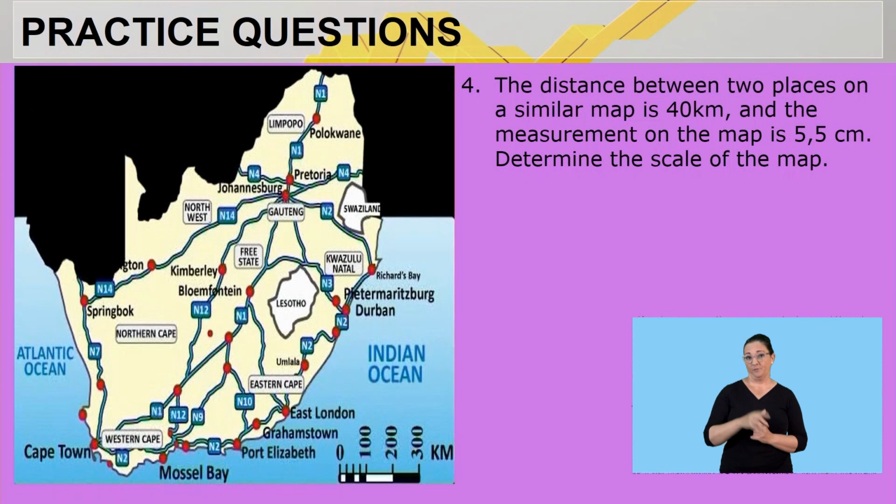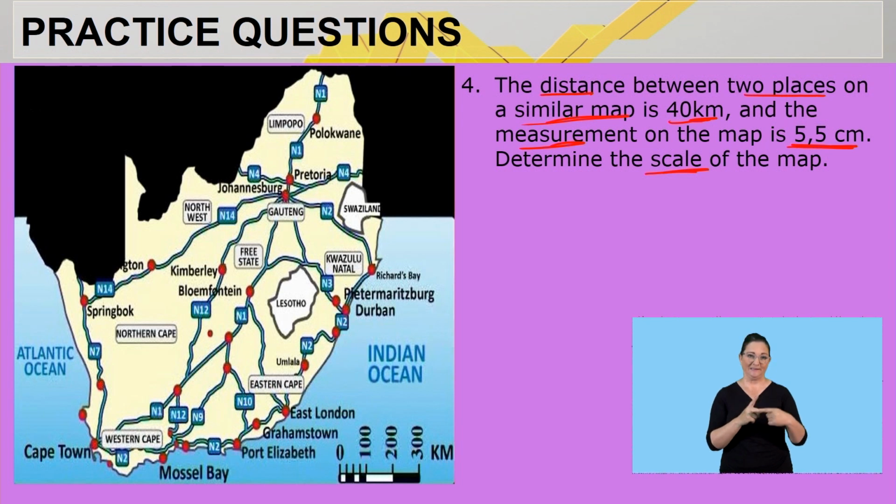All right, let us look at another question. So guys, here at question 4, I'm saying the distance between two places on a similar map, not this one, a similar one, is 40 kilometers. And the measurement on the map is 5,5 centimeters. So 40 kilometers, 5,5 centimeters on the map. This time around, determine the scale of the map.